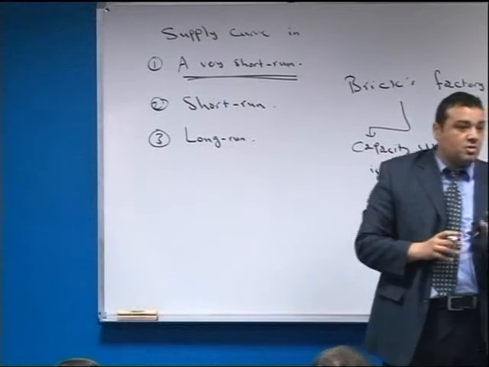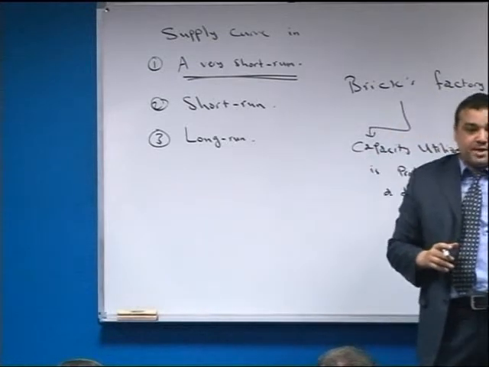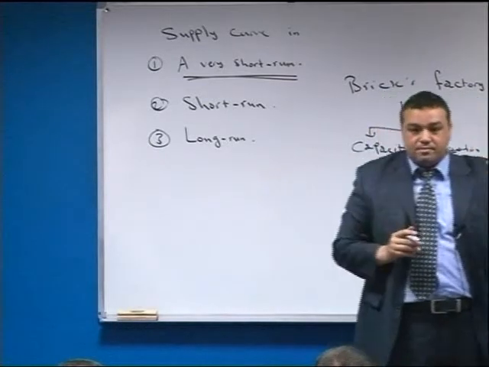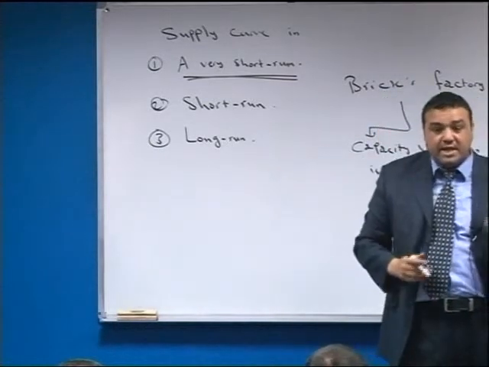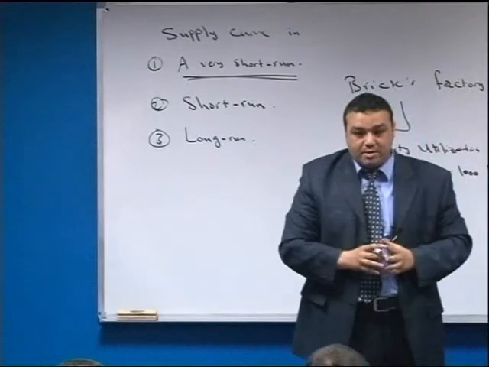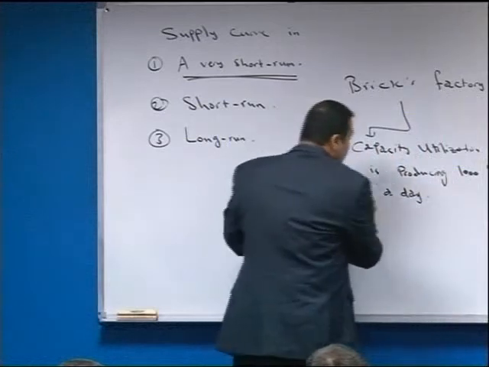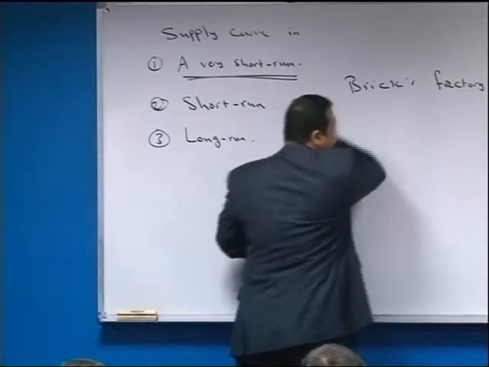suppose he asked you to produce 5,000 bricks, and he gives you 1 week to produce. In this case, you can meet his requirement, right? Because in this case, supply would be more elastic.